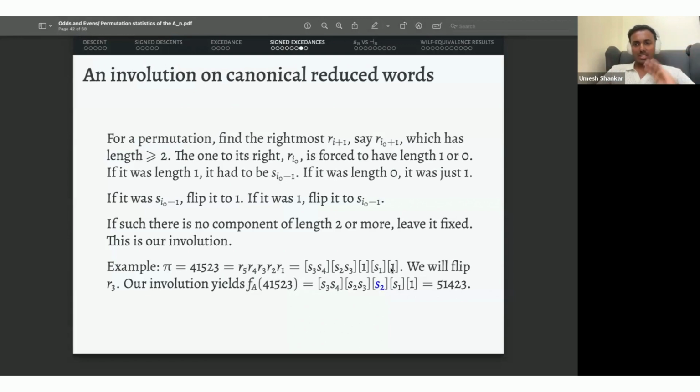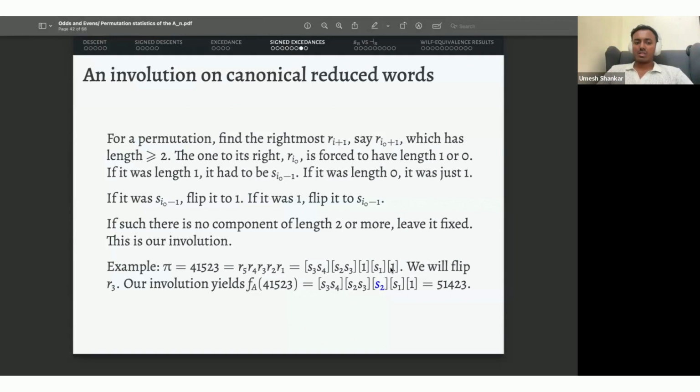If it has length 1, then it has to be exactly S_{i0-1}. If it has length 0, that means it is 1. So our involution will flip S_{i0-1} to 1, and flip 1 to S_{i0-1}. If there is no such component of length 2 or more, we just leave the permutation fixed.